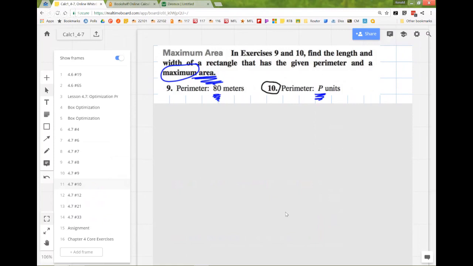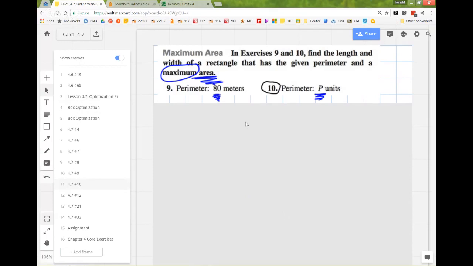This time we're told that the perimeter is P. Yeah, it's not a number. So the perimeter is P. And they still want you to do the same thing: find the length and width that will make that rectangle that has a perimeter P into a maximum area.